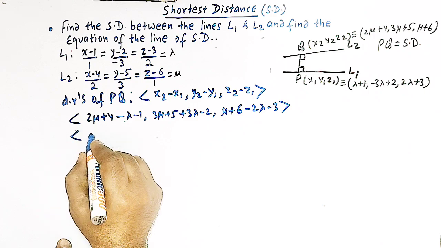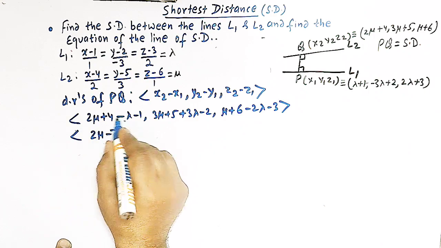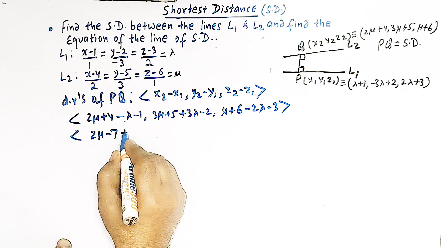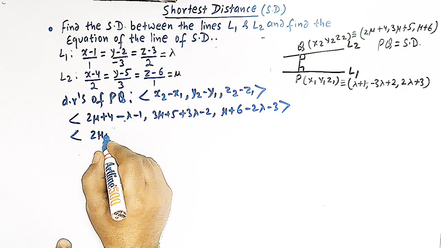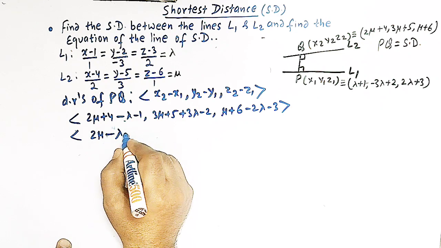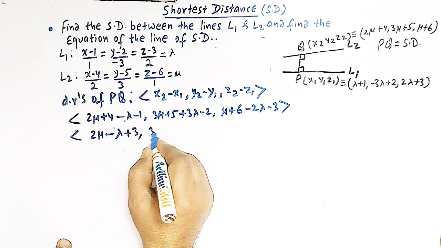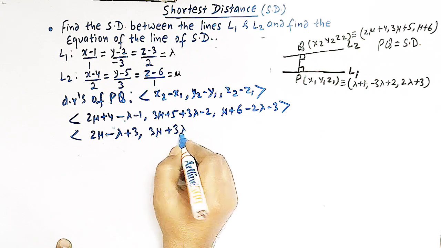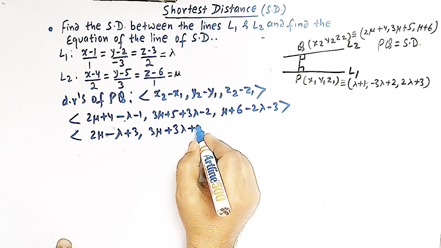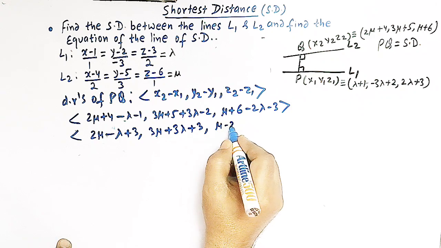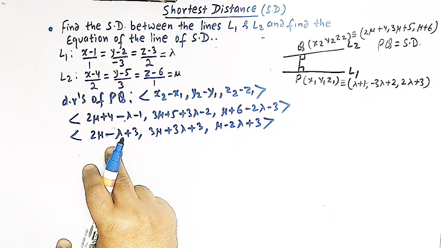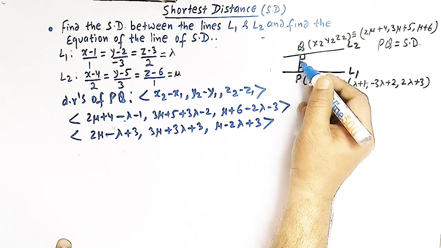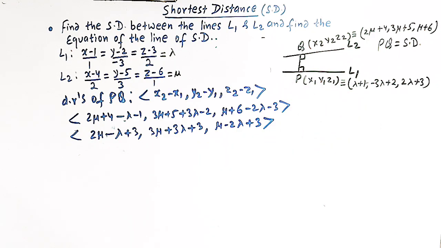So we have now 2 mu minus lambda, here we have 4 minus 1 is 3, then we have 3 mu plus 3 lambda, and 5 minus 2 is 3, and mu minus 2 lambda, and 6 minus 3 is 3. So these three numbers are the direction ratios of the line of shortest distance, that is PQ.